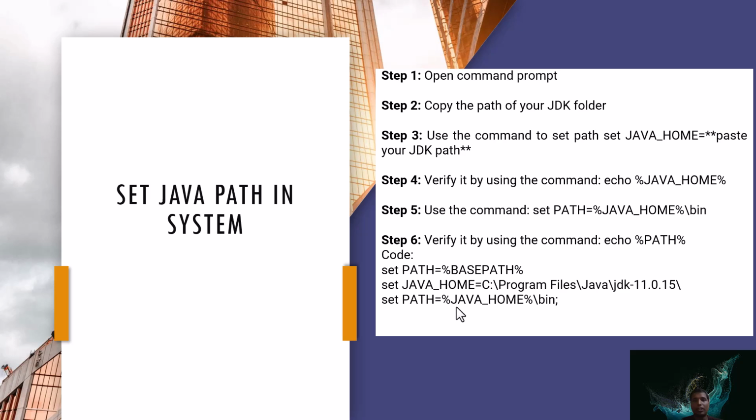We have to set the Java path because if we want to run Java programs on our system, it is important. Let me show you an example of how to do that.